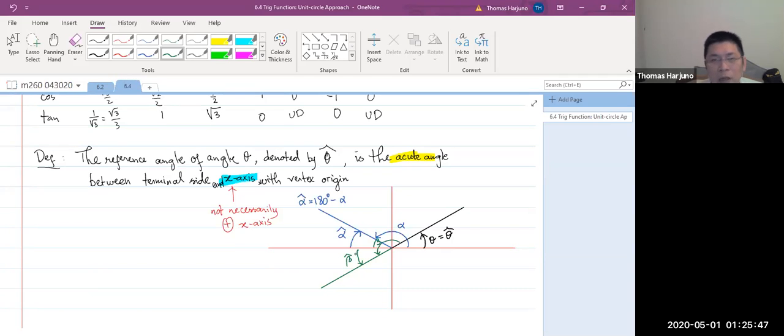Now notice that the total angle from the positive x-axis to that terminal side is basically 180 degrees plus the reference angle. In other words, the reference angle is equal to the angle in standard position minus 180 degrees.